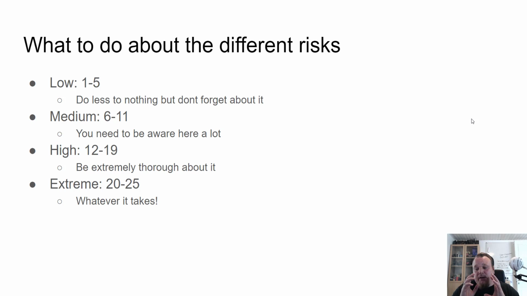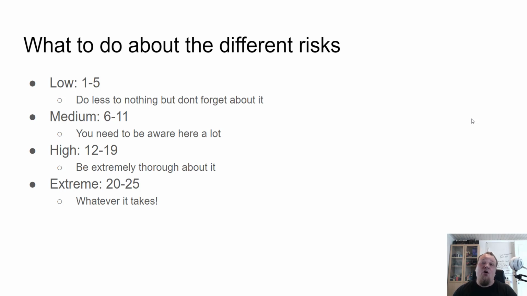So here's the idea. It is okay to have extreme risks. Risk assessment is not there for you to take everything down to low. It is simply not possible. Of course, if you have a very simple system, it might be possible to only have low and medium and a few highs.